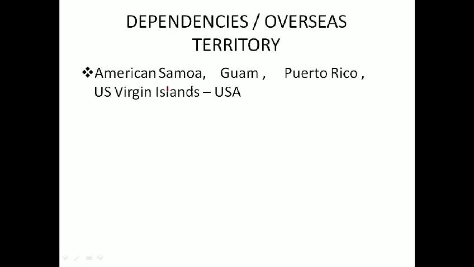What do we call this type of countries? This is also one way to remember: besides your main country, a country may also have dependencies which are not self-ruled, or a country may have overseas territory, meaning miles away they may have their territories far away from their mainland.